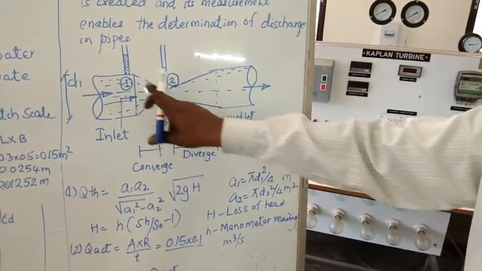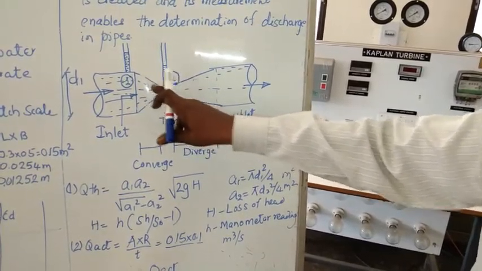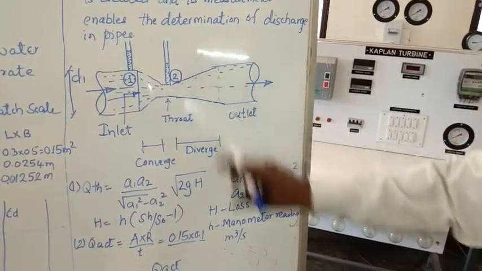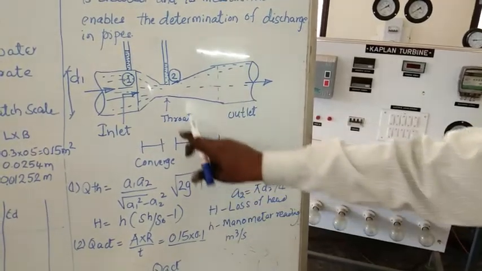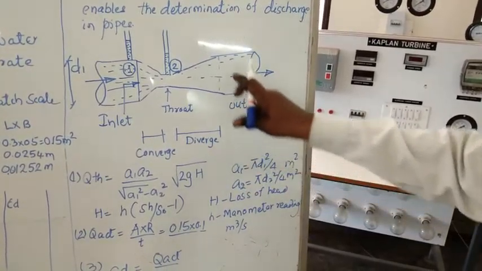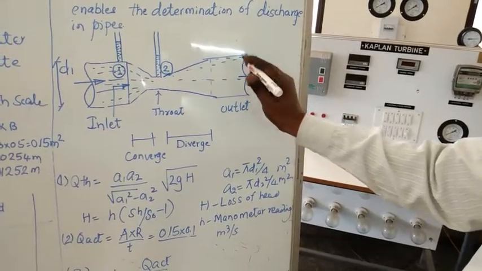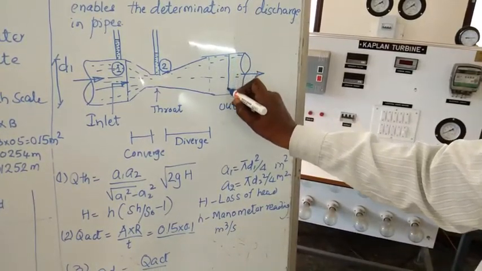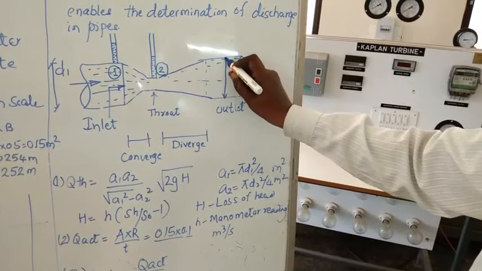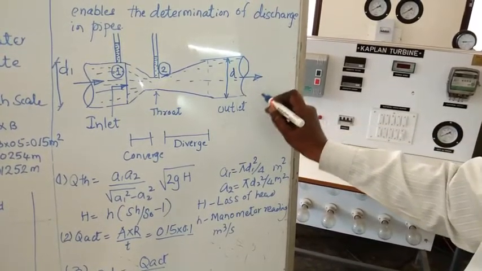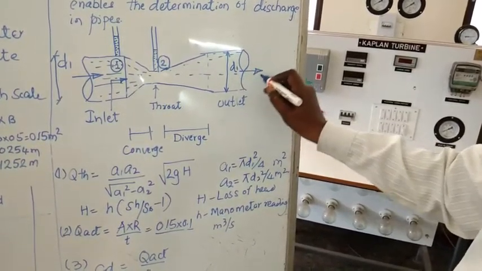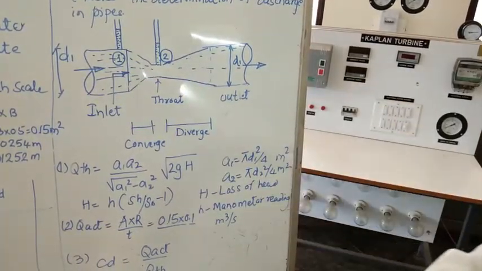Here the decrease in diameter is very rapid, but the increase in diameter is gradual. This portion diverges. Again the diameter in this portion is D1. This one is the outlet, this one is the inlet.